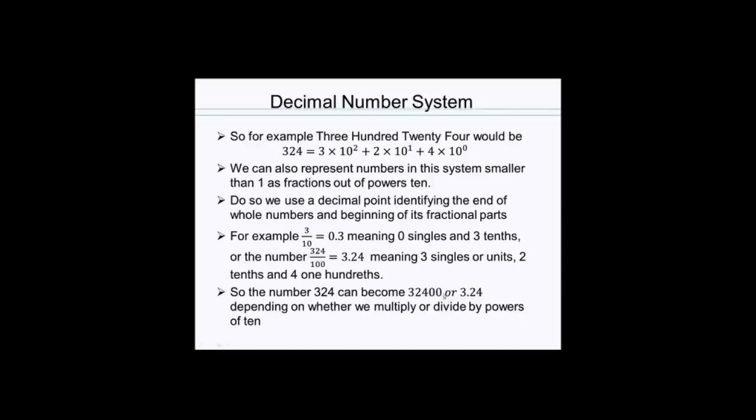When the decimal point is not written, it's assumed that it is on the rightmost end. If I write the number 3.24, then I would have to divide 324 by 100 like you saw here. So dividing by 100 or multiplying by 100 simply makes the decimal point move.